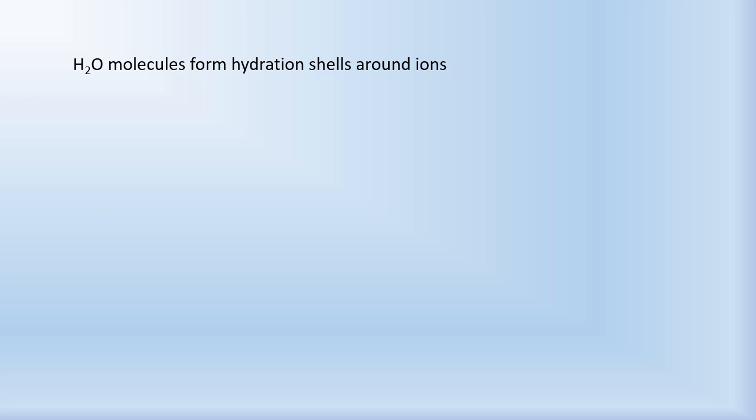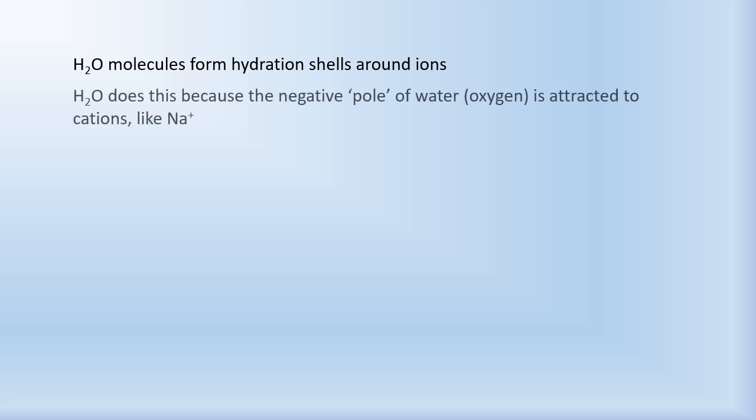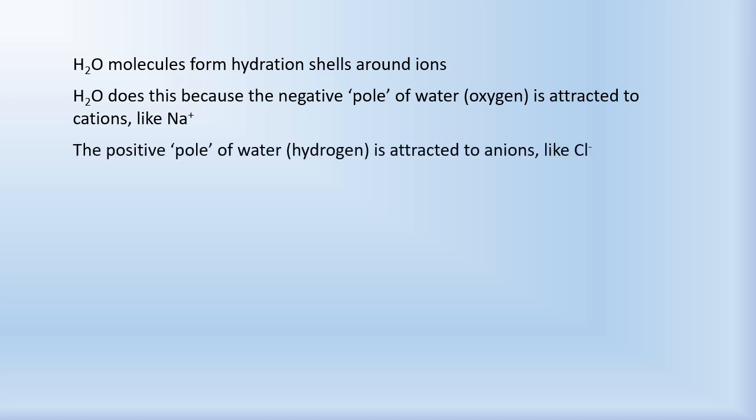Water molecules also form hydration shells around ions. It does this because the negative pole of water, i.e. oxygen, is attracted to cations because they're of opposite charge. Also, the positive pole of water, hydrogen, is attracted to anions because, again, they are of opposite charge.